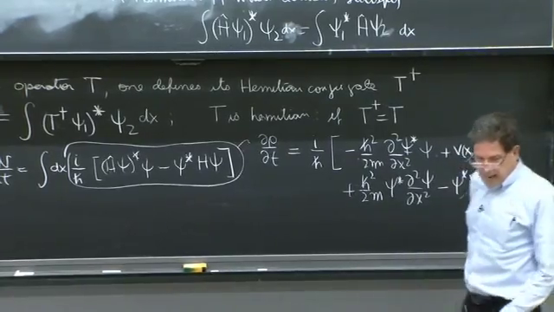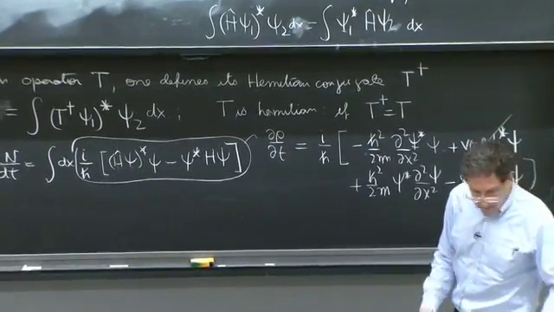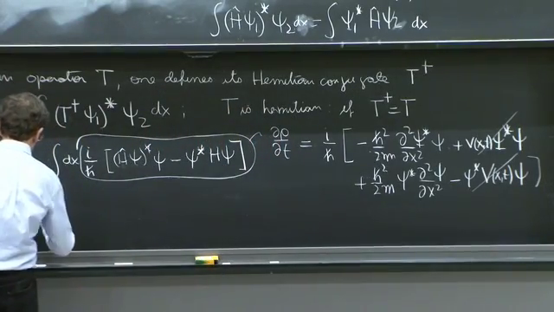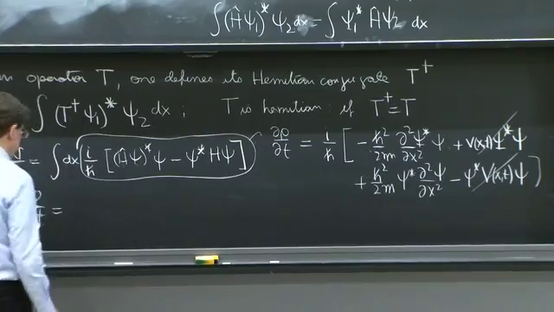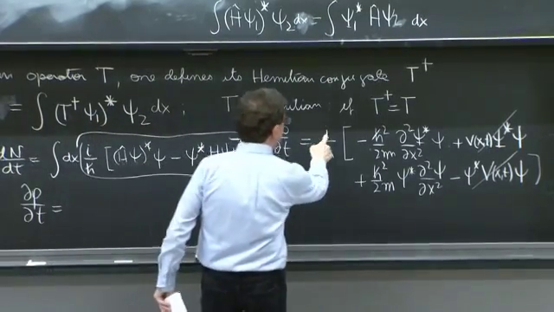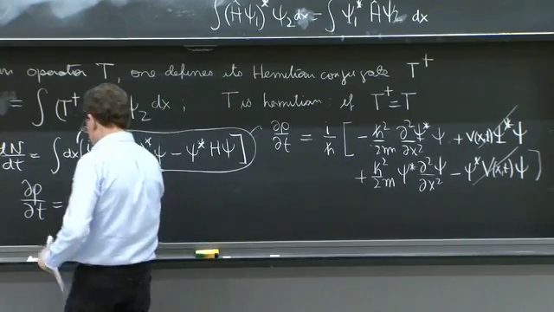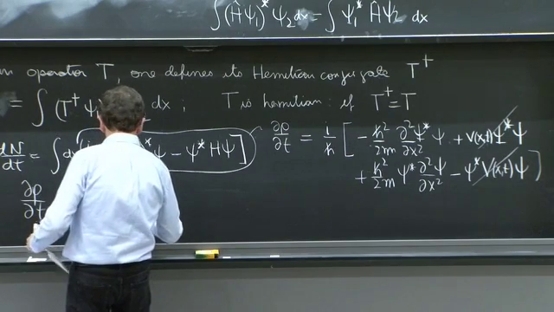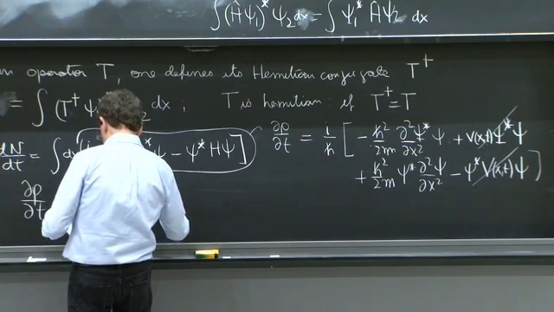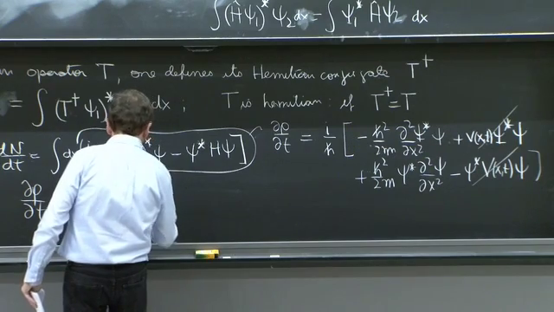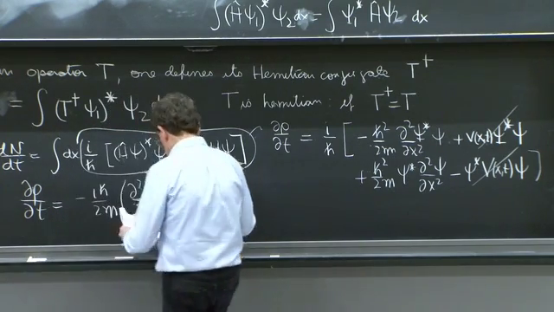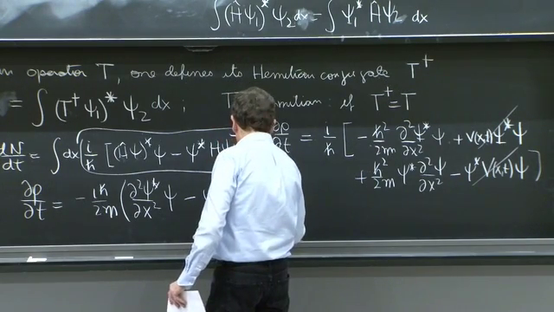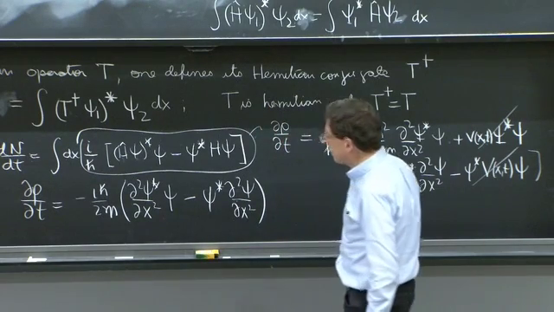And now, this d rho dt has become minus i h bar over 2m, the second derivative of psi star with respect to x squared times psi, minus psi star the second derivative of psi with respect to x squared.